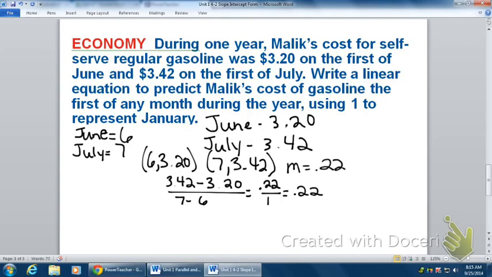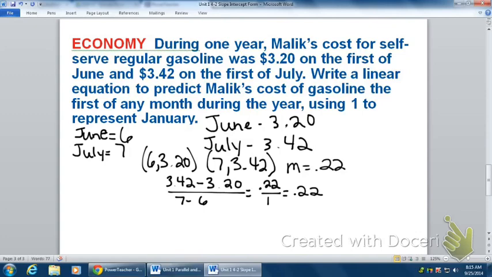Now the last thing we need to do is figure out our y-intercept, right? We need to figure out where this thing starts. So remember what I said, we can use either one of those x and y's. We can use the June or July one. It does not matter, okay? I always like to use the first one, okay, but it's up to you. So I'm going to use 6 and $3.20.